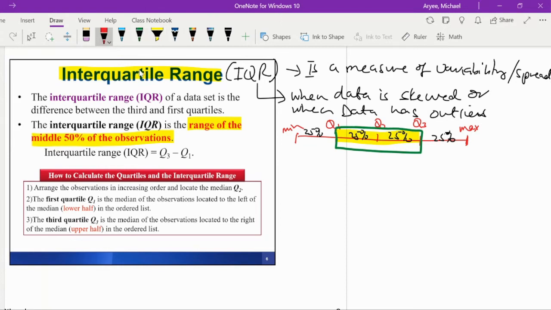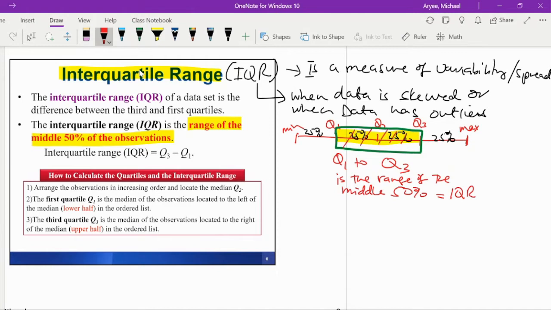So the interquartile range is the range of the middle 50% over here. From Q1 to Q3 is the range of the middle 50% of your data, and that is what we call the interquartile range.